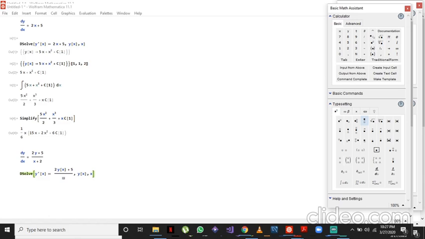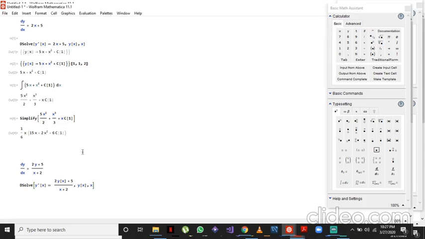It is because y is represented as a function of x, so wherever y is written we have to write it as a function of x. I believe the whole equation, dy upon dx equals 2y plus 5 upon x plus 2, is written down correctly.